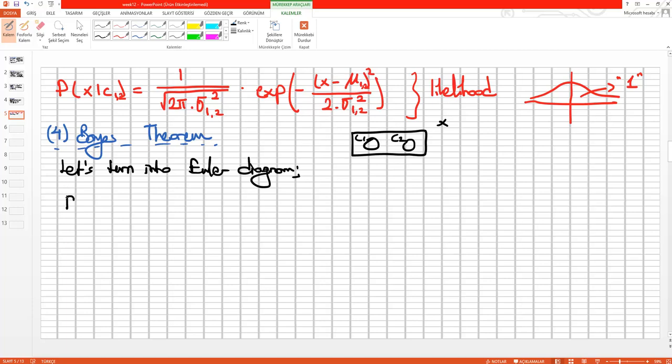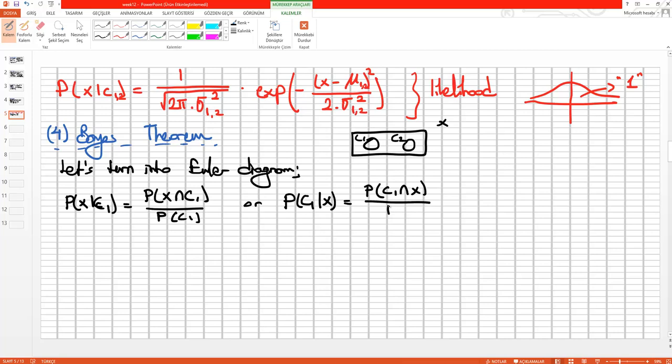Then we can say that p(x|c1) equals p(x intersection c1) divided by p(c1), or we can say that p(c1|x) equals p(c1 intersection x) divided by p(x).